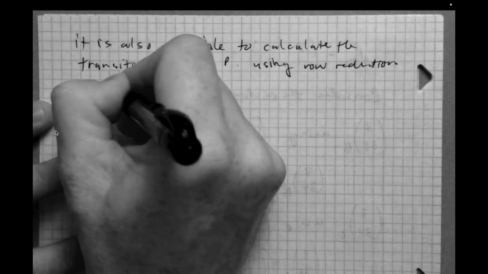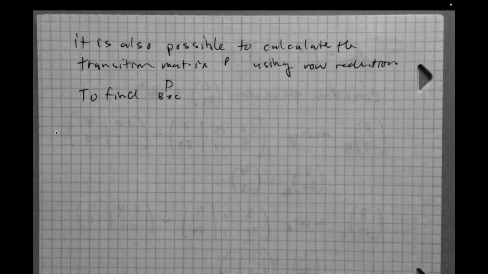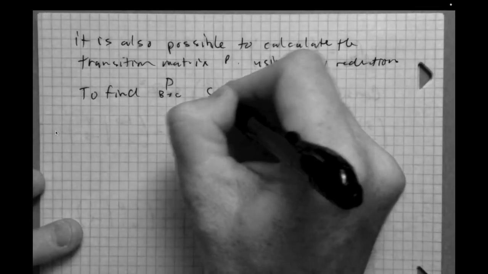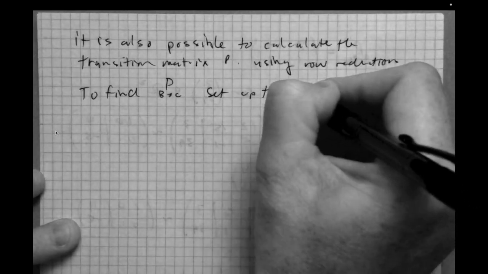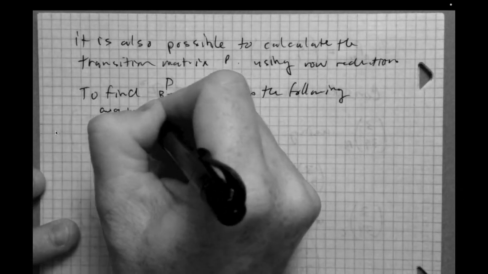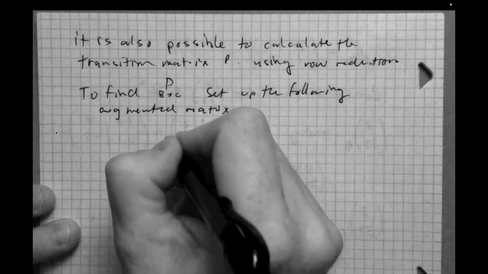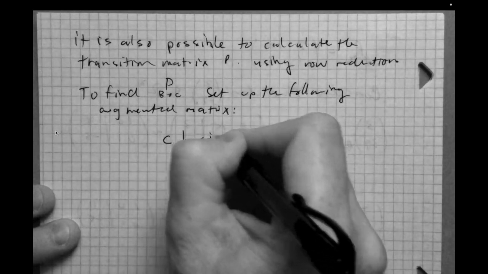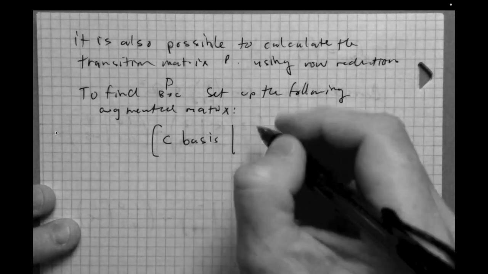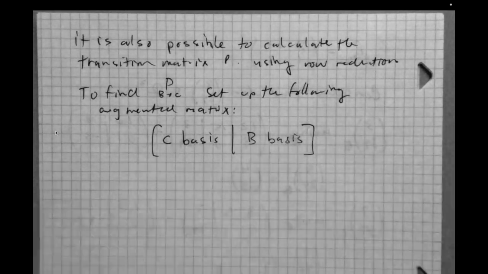To find P, the transition from B to C, we want to start by setting up an augmented matrix. It's going to be basically your C basis on the left-hand side and your B basis on the right-hand side.